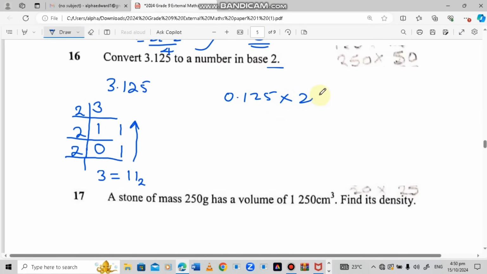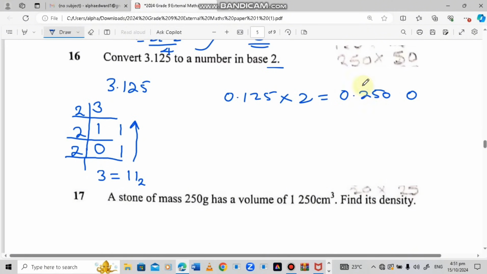So 0.125 times 2 is 0.250. Now, when we are converting this 3, a whole number, into base 2, we were writing the remainder. So even here, we're going to be writing this whole number that is going to be here as a remainder. Okay, so we're going to write a 0.